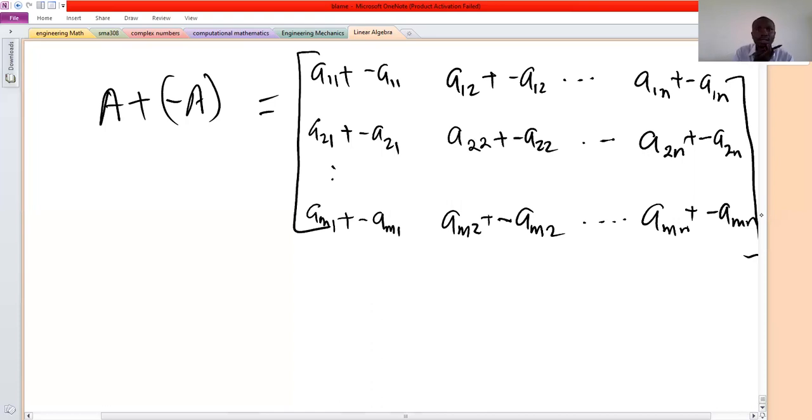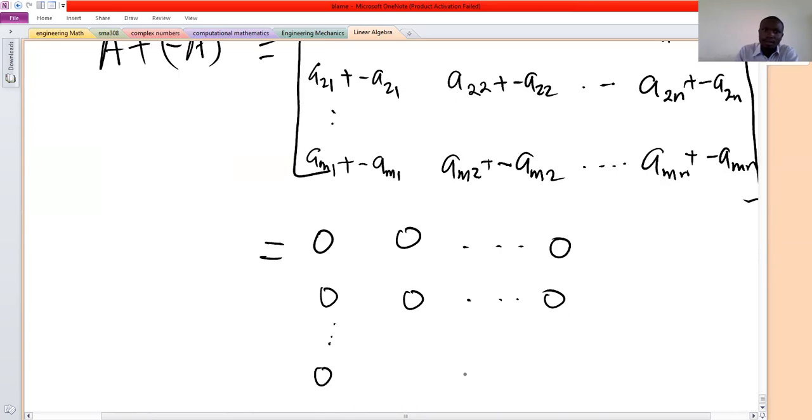Aijs and minus Aijs are just elements in the field F, and whenever you add an element to its negative, you get 0. So this will be 0, 0, 0, 0, 0, 0, and then this you get 0, 0, this also 0.